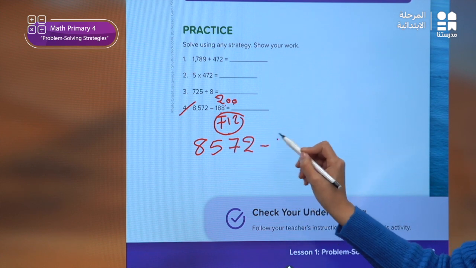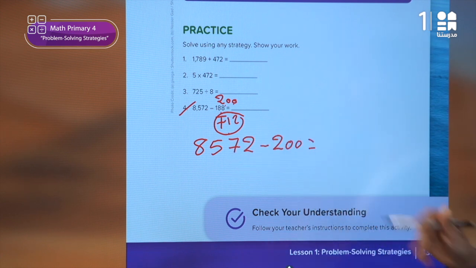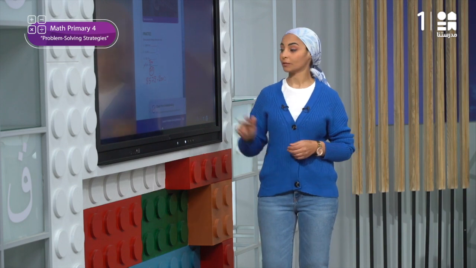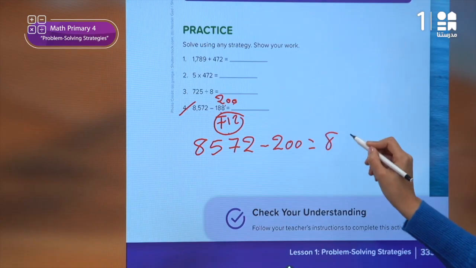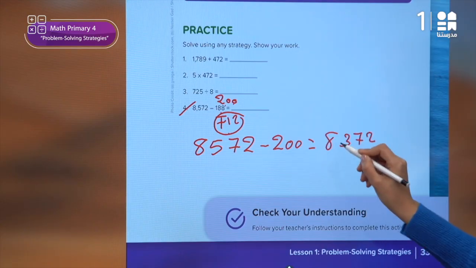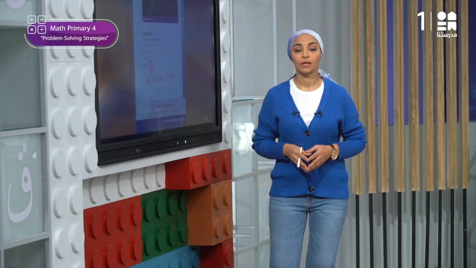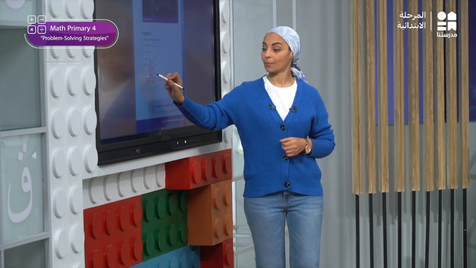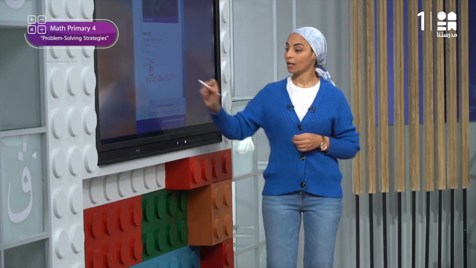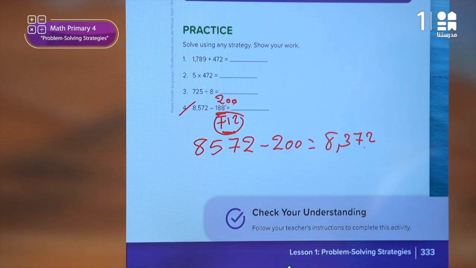I will do 8572 minus 200. So the answer will be 8372, right? I increased the subtrahend, right? I did plus 12 to 188. So what do I have to do? We have to add what we increased. So I will add 12 to the answer.